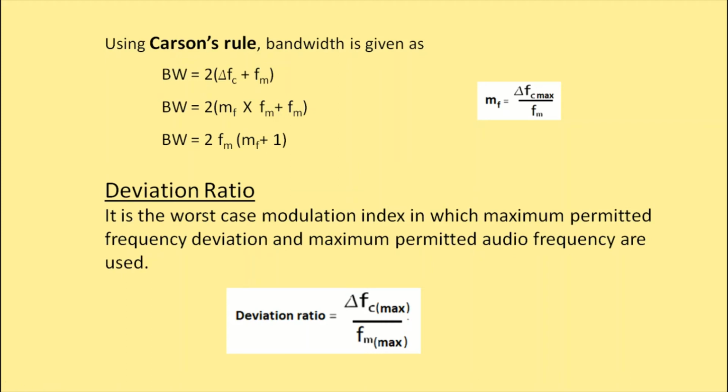Delta FC has a different value when compared to delta FC max. This in detail we will be discussing when we are solving the problems. But as of now, please remember that for deviation ratio, with the formula delta FC max by FM max, the value of delta FC max is equal to 75 kilohertz.